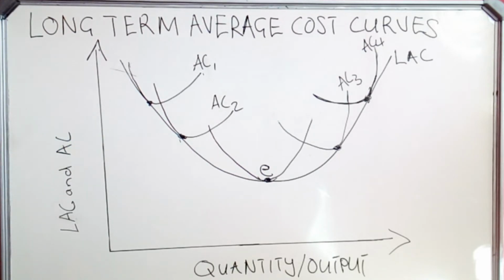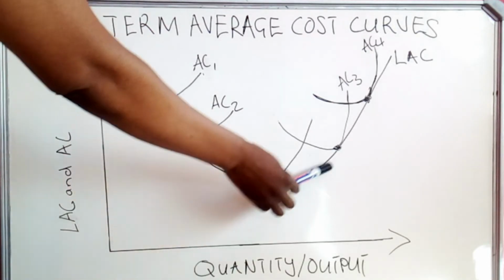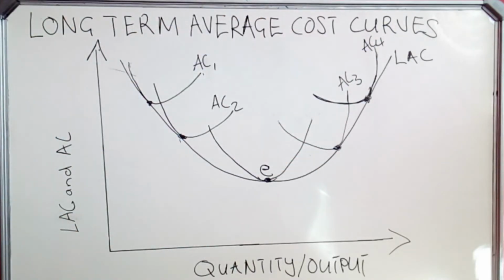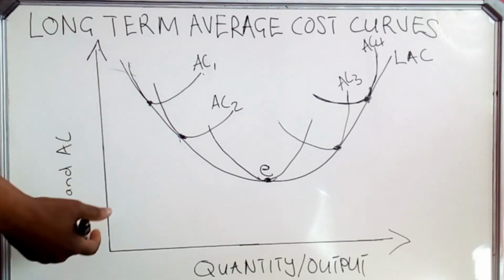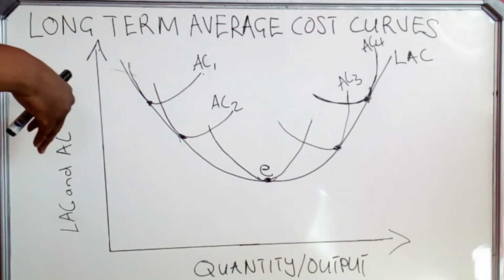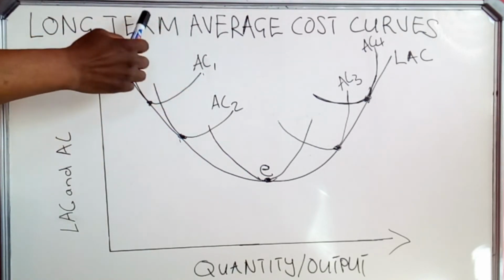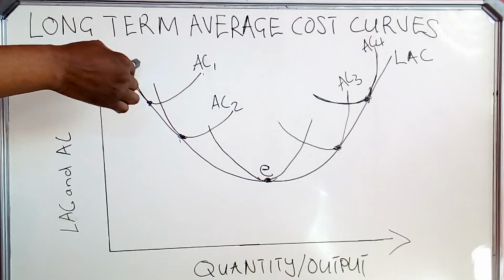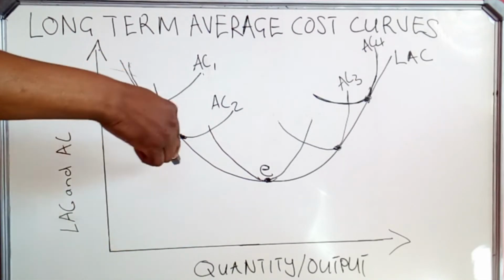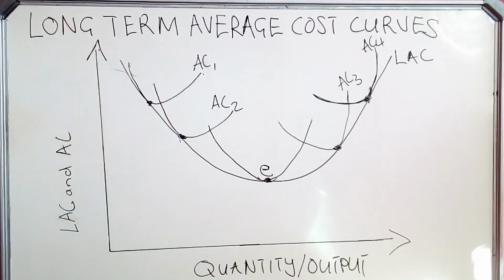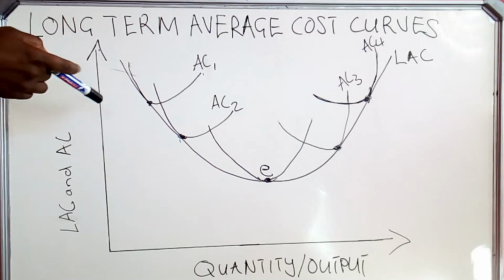Now, when we move from there to there, remember that this industry as a whole may expand the output. This is based on perfect competition, where there is ease of entry and exit into this market. Always remember those characteristics.